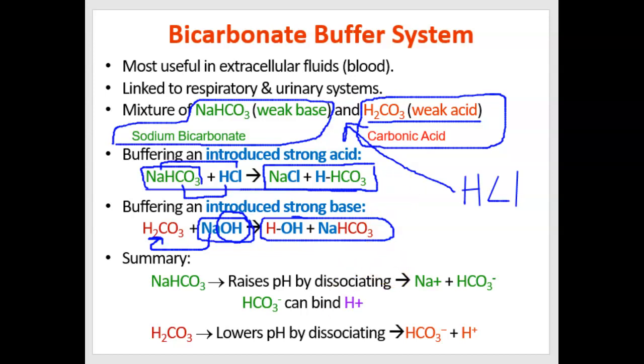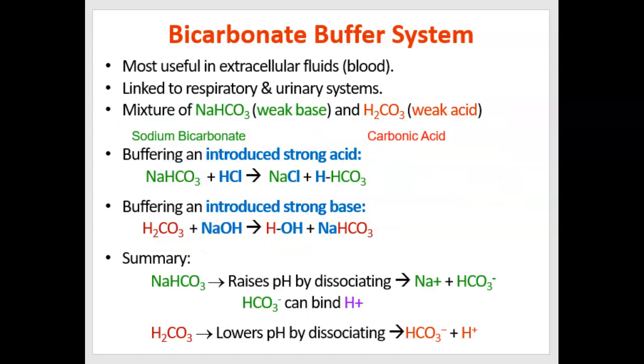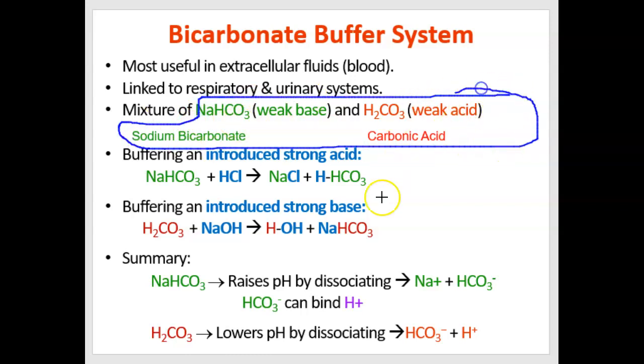So this is particularly important in the blood. There is both sodium bicarbonate and carbonic acid present in our bloodstream as a buffering system. And so sodium bicarbonate, since it's a base, can raise the pH of our blood.